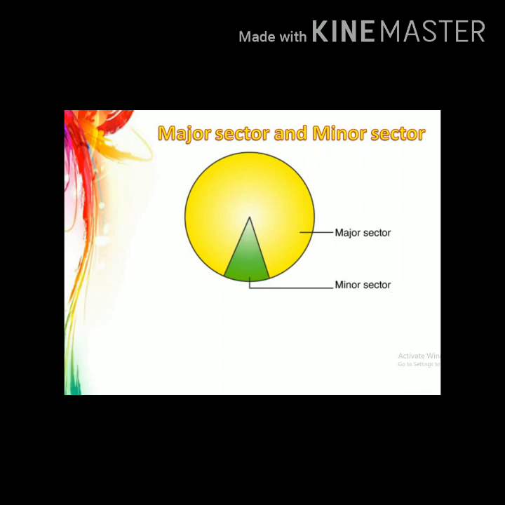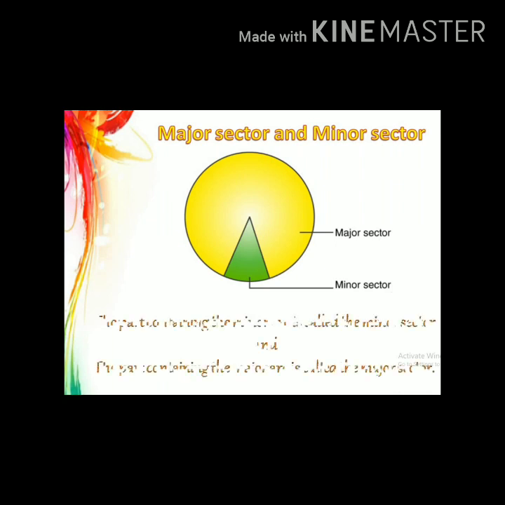The part containing major arc is called major sector. So how can we define it? The part containing minor arc is called minor sector, and the part containing major arc is called major sector. And the next term related to circle is segment.